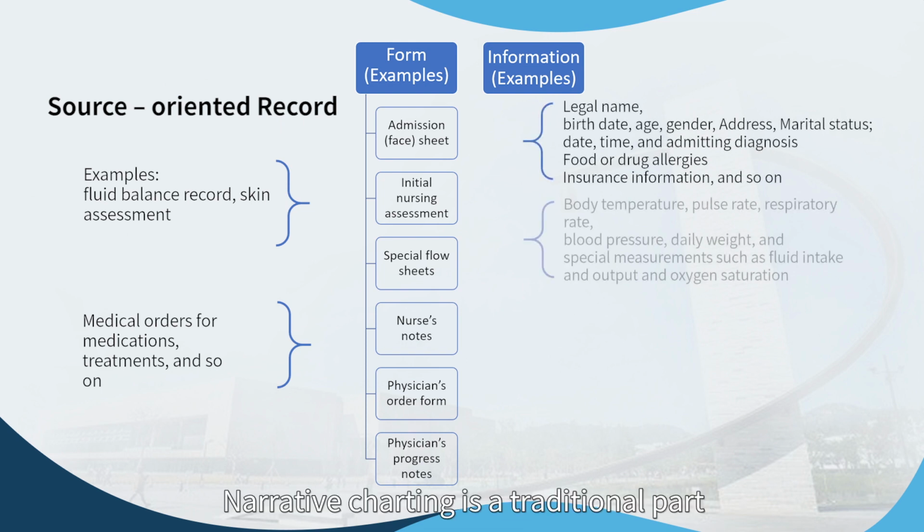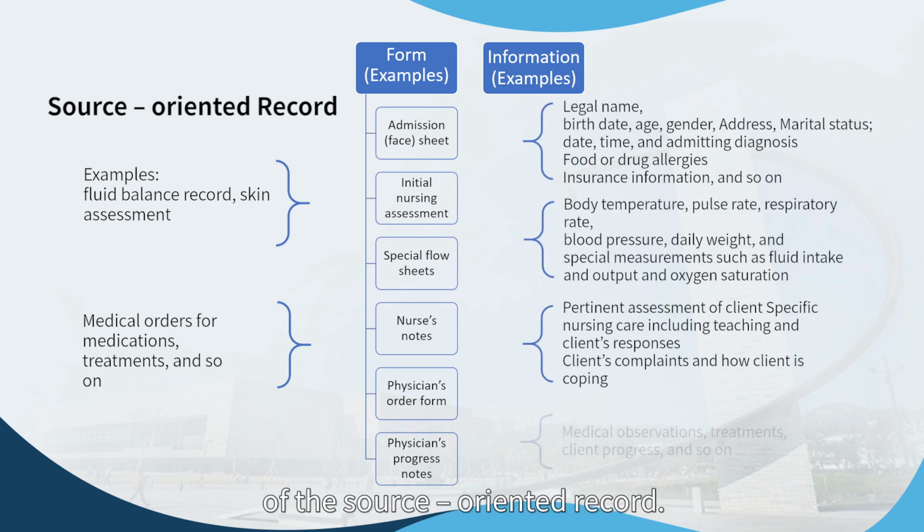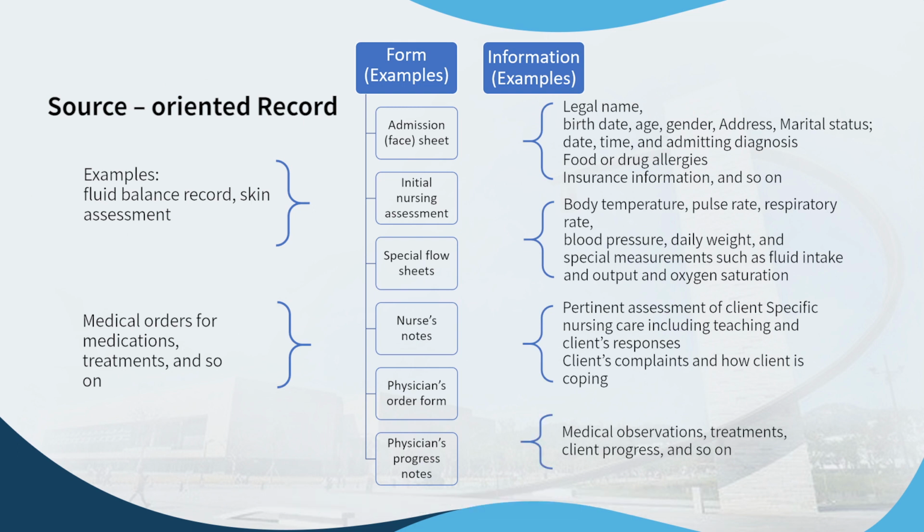Narrative charting is a traditional part of the source-oriented record. It consists of written notes that include routine care, normal findings, and patient problems. You can check the common components of the source-oriented record from the slide.